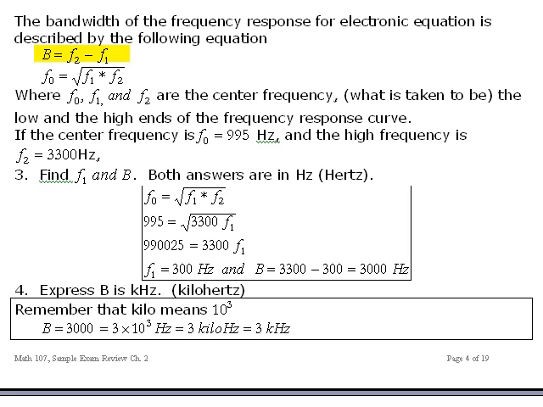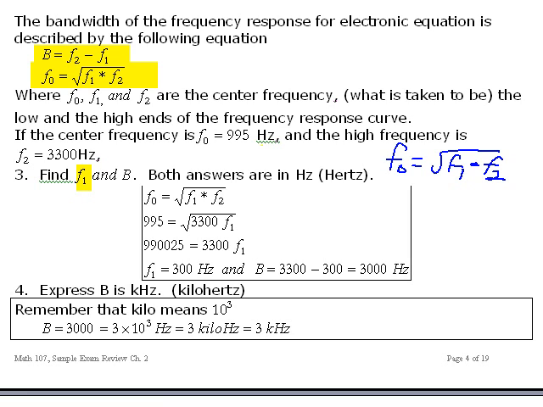Alright? So now you're given these two equations, and now you're given some information. The center frequency, f0, is 995, and the high frequency is this. Find f1 and find B. So it even tells you the order to do it. You want to find f1. Well, again, you aren't sure what to do, so you write down the equation that you do know. You know that f0 equals the square root of f1 times f2.